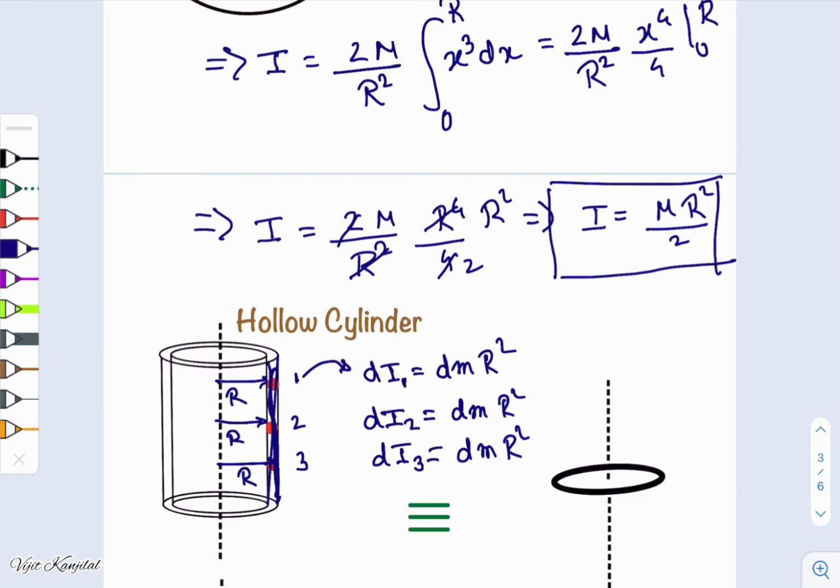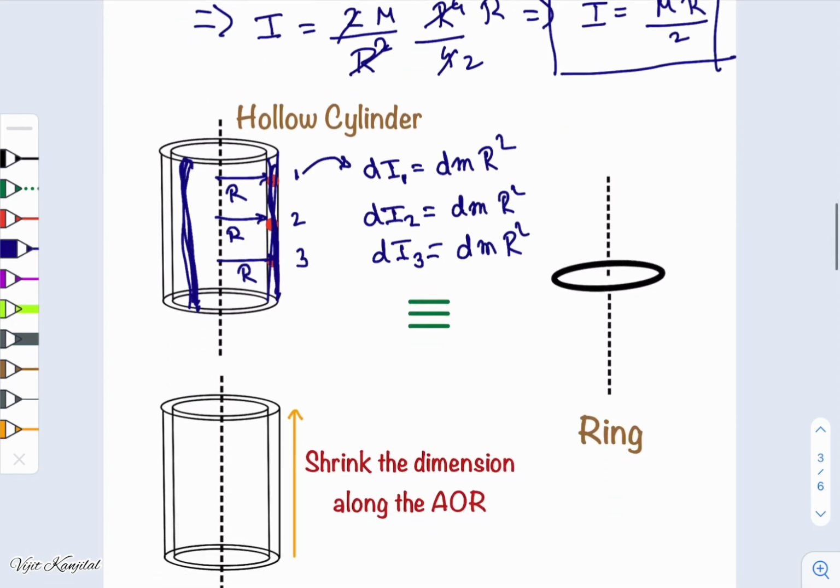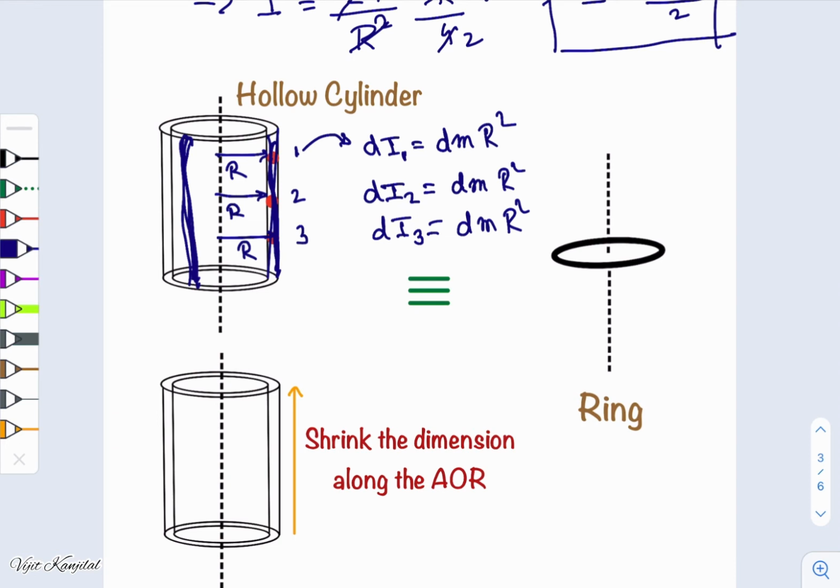So if we do that, and if we consider all the points lying in a particular line parallel to the axis of rotation as a single element, we can just shrink the dimension which is parallel to the axis of rotation. So if we do that, we can see that our hollow cylinder just reduces to a ring.